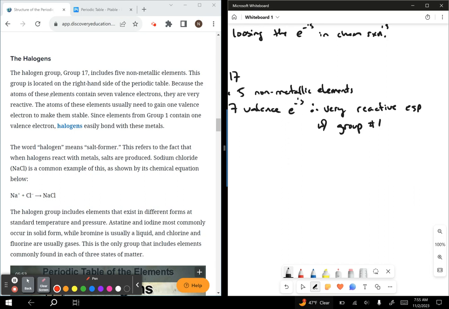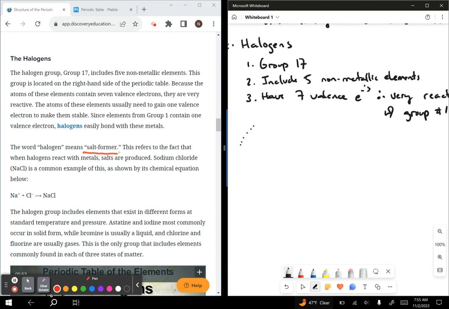Halogens, what does the word mean? It means salt former. This refers to the fact that when halogens react with metals, salts are produced. Number 4, they are salt forming with chemical reactions.